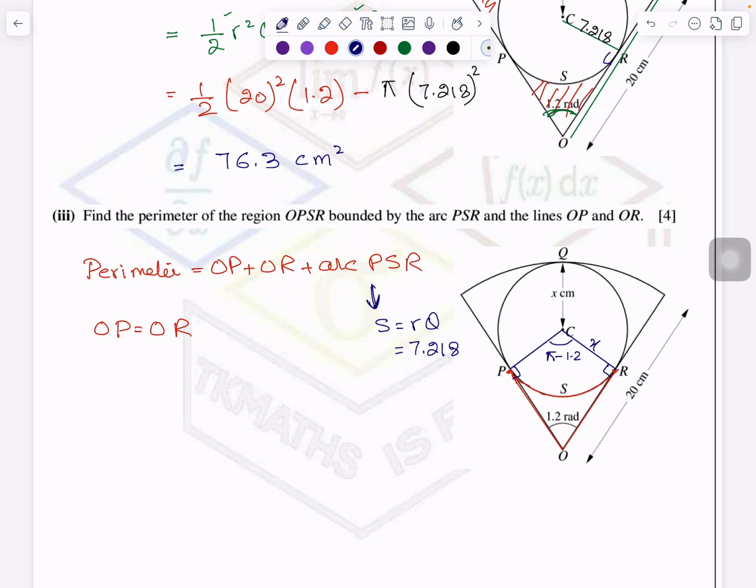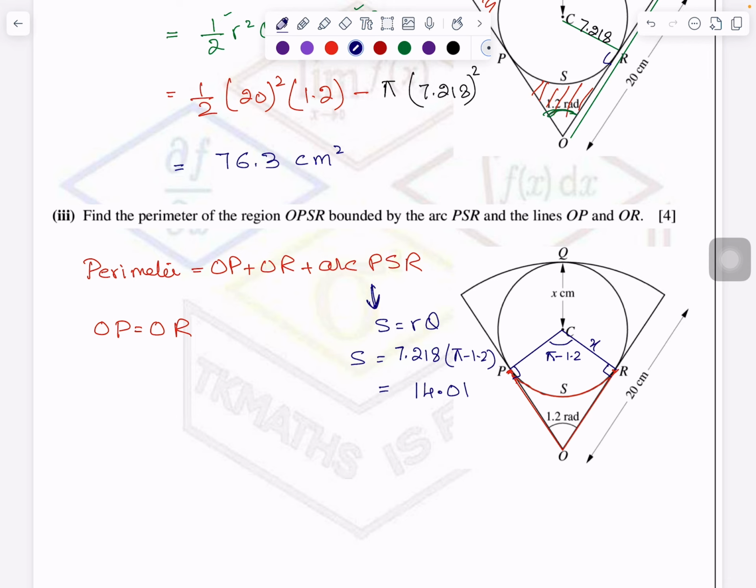And theta is what? Pi minus this. So I can use here 7.218 into pi minus 1.2. So we will calculate it. Let me use the calculator. So it is equal to 14.01. Okay, so now this is my arc length.